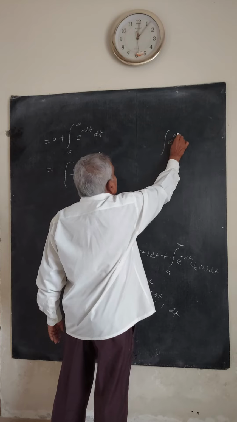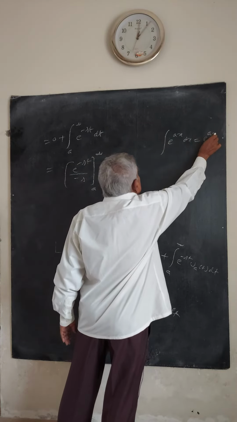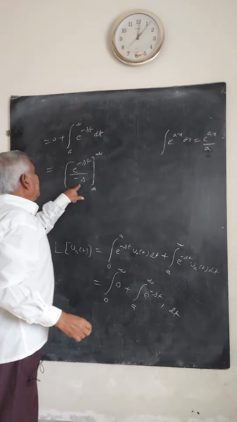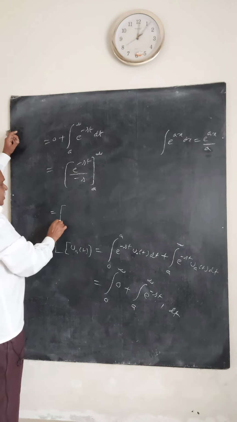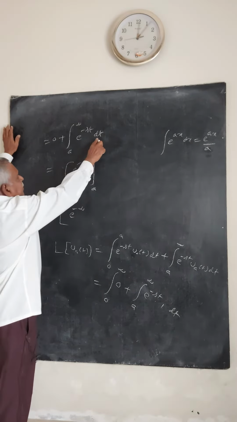By basic integration, the integral of e^(ax) dx equals e^(ax) divided by a. Similarly, we have integrated with respect to t.